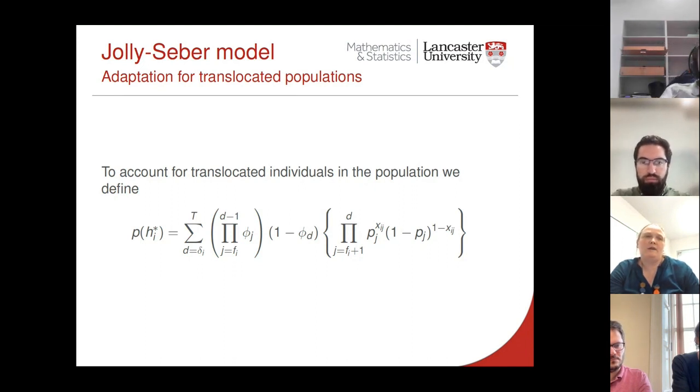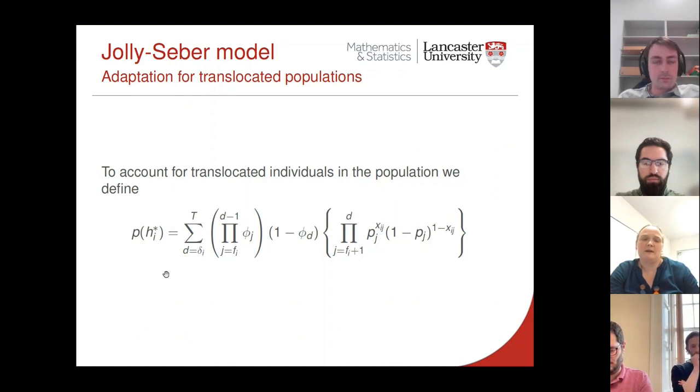So we want a term which accounts for the probability of the translocated individuals, but we condition on the time at which they're released into the population. For anybody familiar with the capture-recapture literature, it's a little bit like having a component of a model that's a Cormack-Jolly-Sieber model, and then another component which is the Jolly-Sieber model.